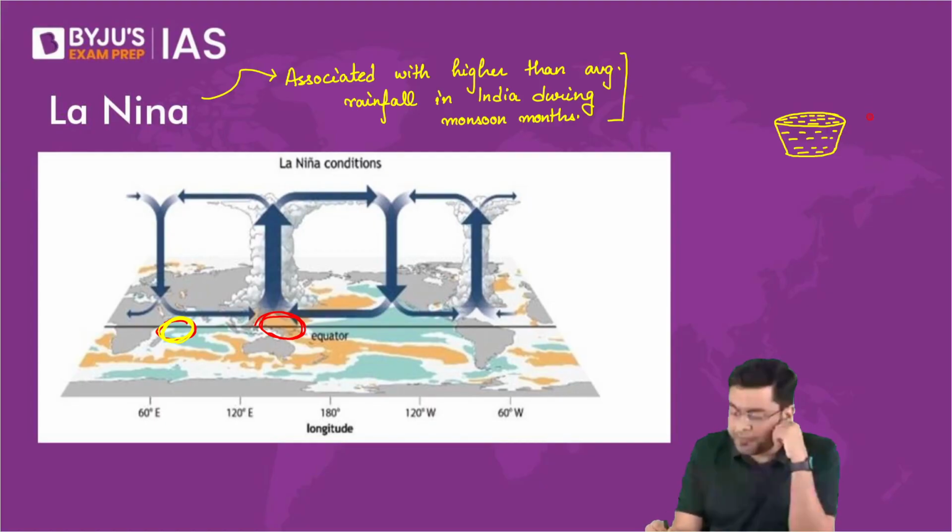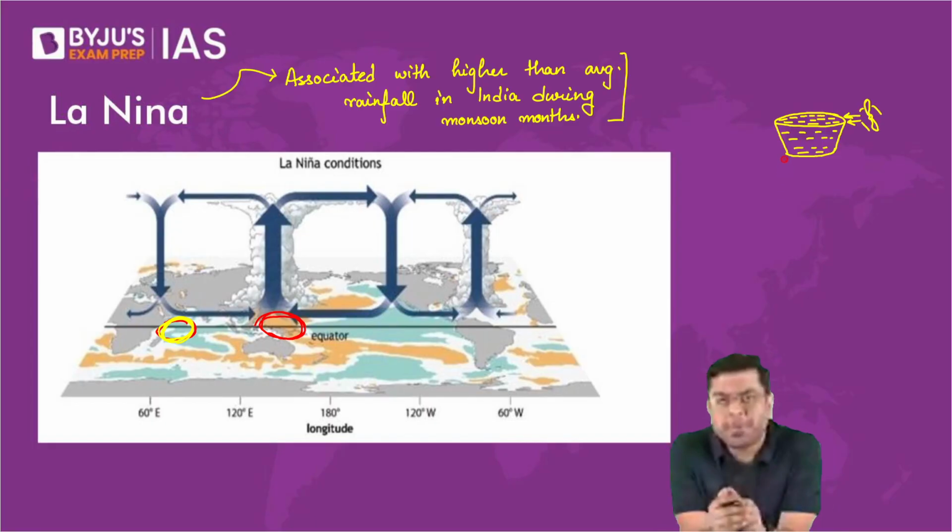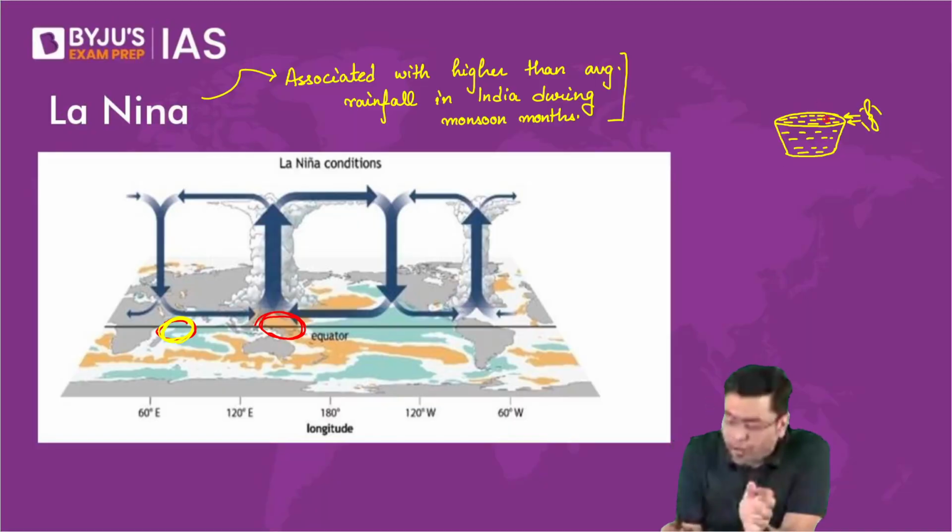Now, if I actually have a fan here, and this fan is continuously rotating, giving wind in this direction. As the water is filled to the brim, can you imagine a scenario where all this water will slightly be pushed aside by the wind?